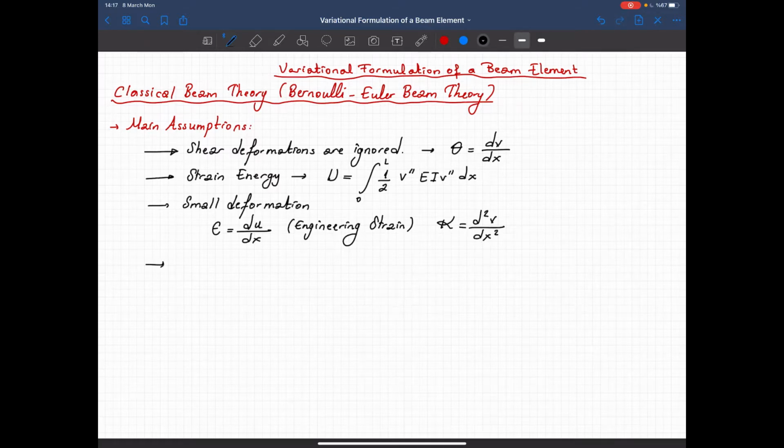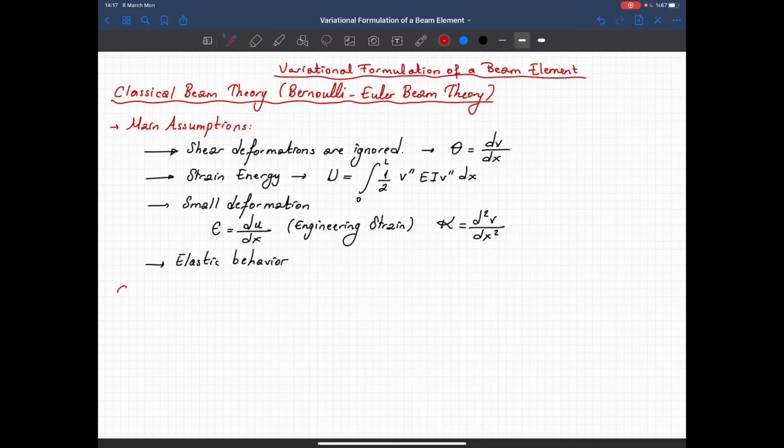And finally, we are assuming the elastic behavior. So by using these assumptions, we will be deriving the element matrices of a plane Bernoulli Euler beam element.